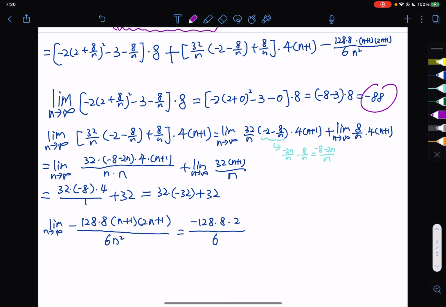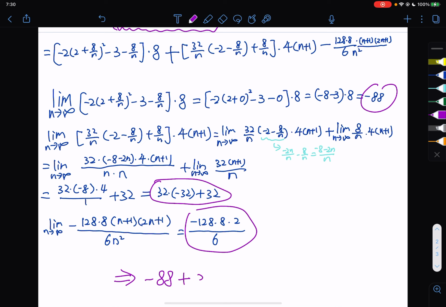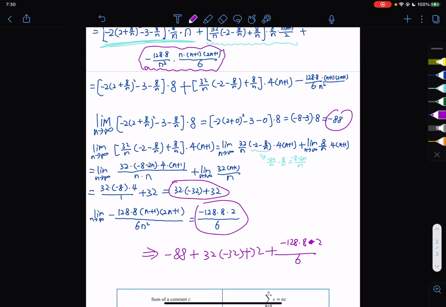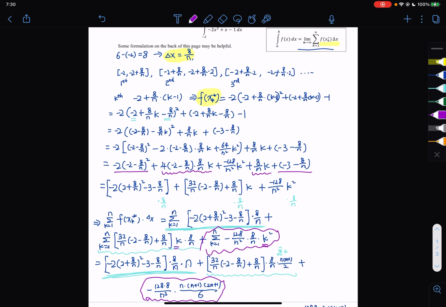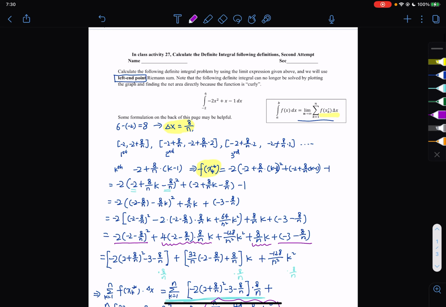So we have 3 parts, and they're supposed to be added together. So my final answer is this, added to that, added to this. Notice that I didn't really do simplification because I don't want to waste too much time on it.